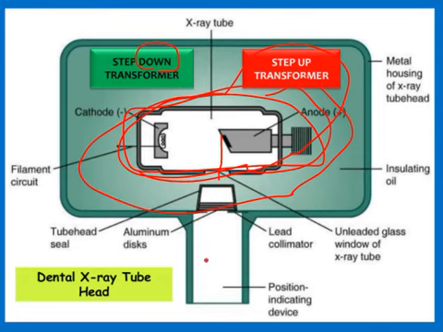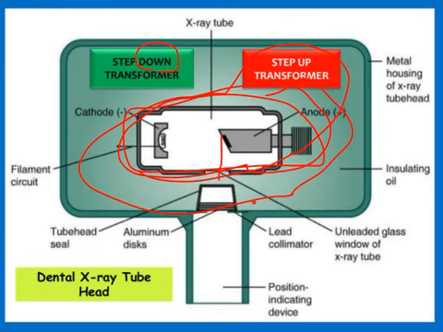So in order to seal it, we put a tube head seal, which is not made of lead material. If you use lead for the tube head seal, then no radiation is going to come out. Okay, so the tube head seal is placed. Now when the X-rays come out, they meet at two regions.